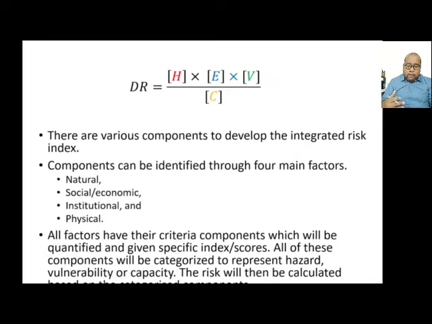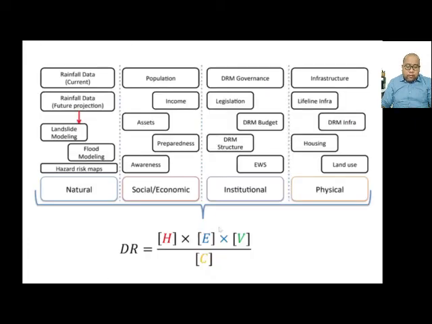So all factors have their criteria components, which will be quantified and given specific index and score. Okay, all scores can be categorized to represent the hazard, vulnerability, or capacity, and the risk will then be calculated based on the categorized components. So these are the components. We have a variety of components.